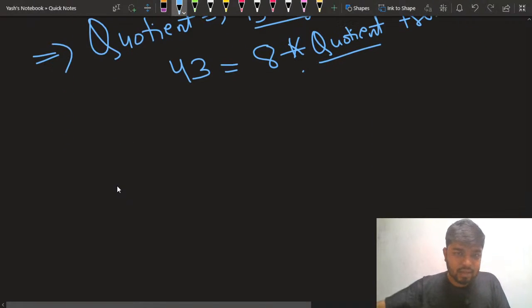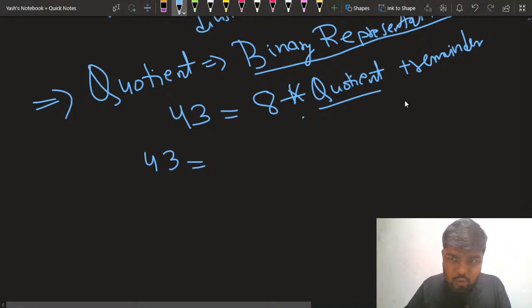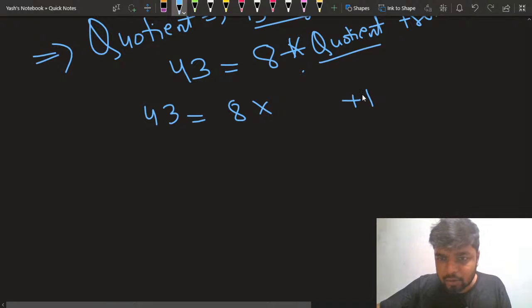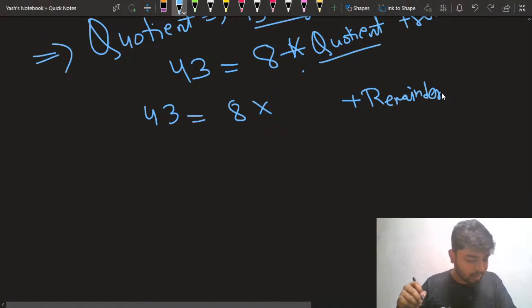What I'm saying is, let's say we have this 43, and you know that it can be represented in the form of 8 cross quotient plus remainder. Don't worry about the remainder up till now.